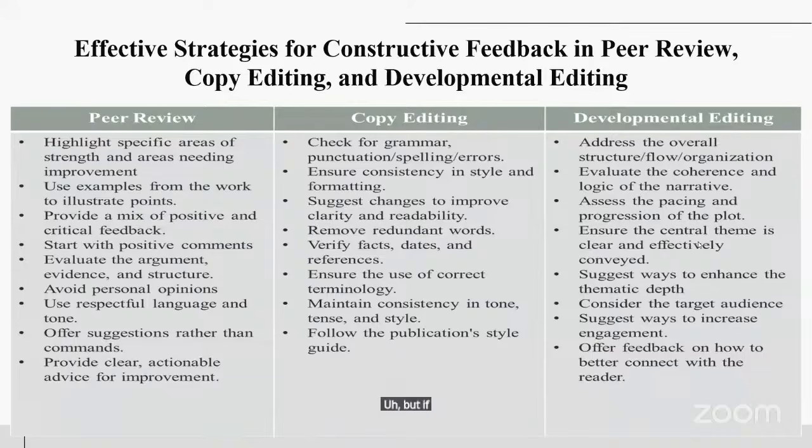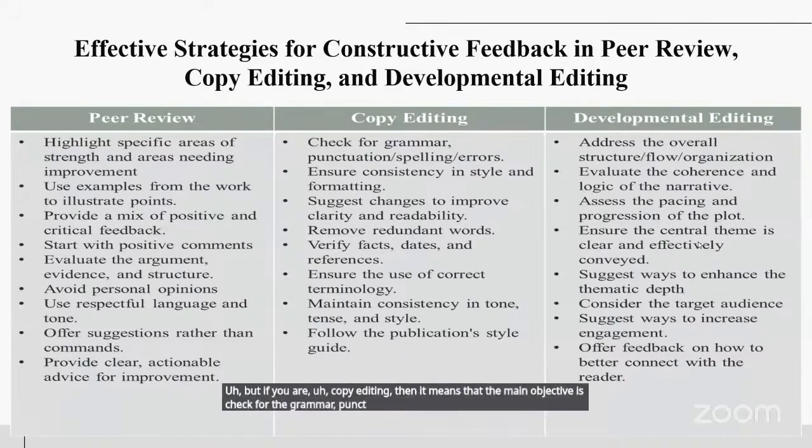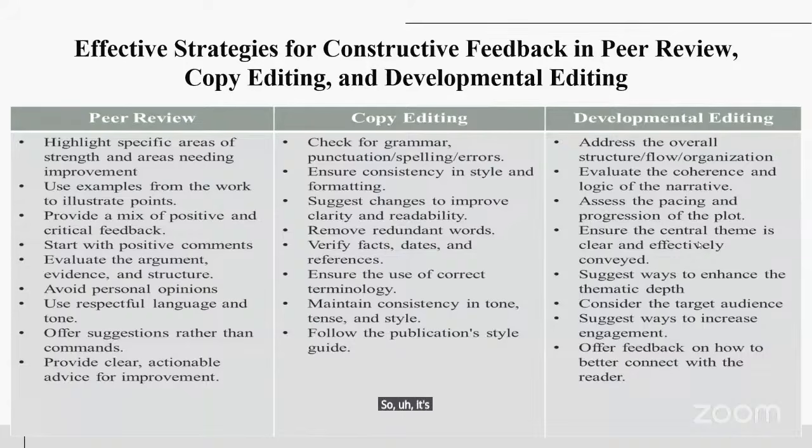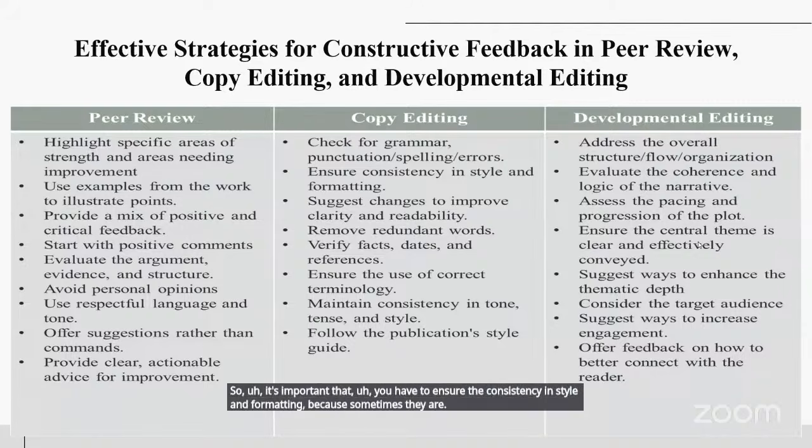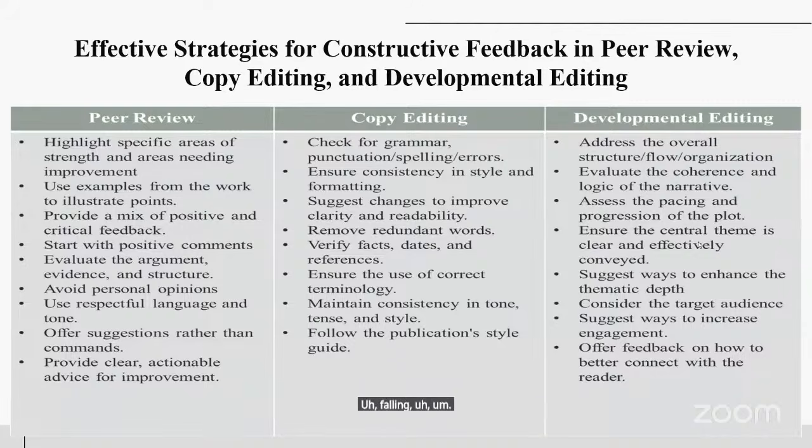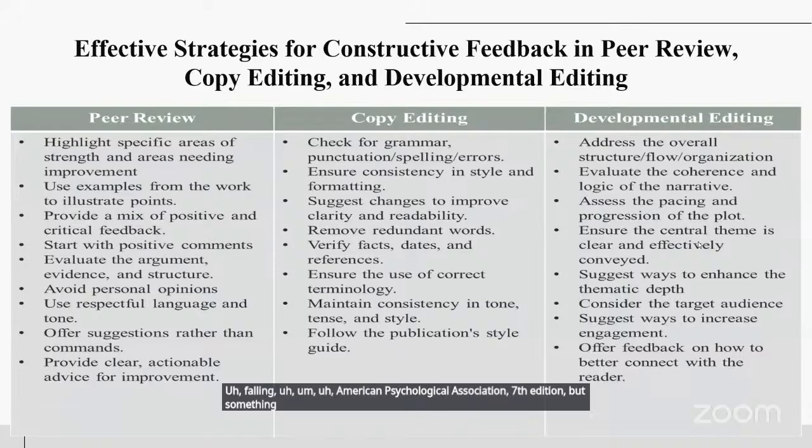But if you are copy editing, then the main objective is to check for grammar, punctuation, spelling, and errors. So it's important that you ensure consistency in style and formatting, because sometimes they are following American Psychological Association, seventh edition, but some things are different. They are using Chicago style or the formatting is in different ways.